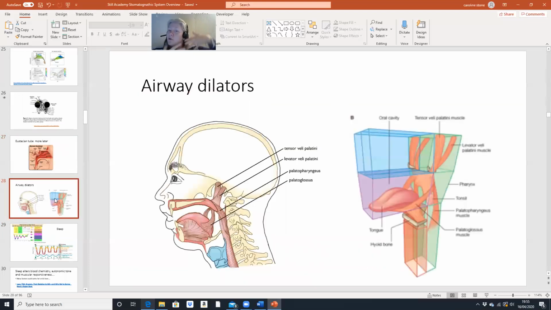But we also talk about how the soft tissue dynamics go from the mentum of the chin through onto the hyoid bone, onto the root of the tongue, from the tongue onto the soft palate, up onto the pterygoid plates of your sphenoid, and you get this dynamic muscular bridge of airway dilators which stabilize.